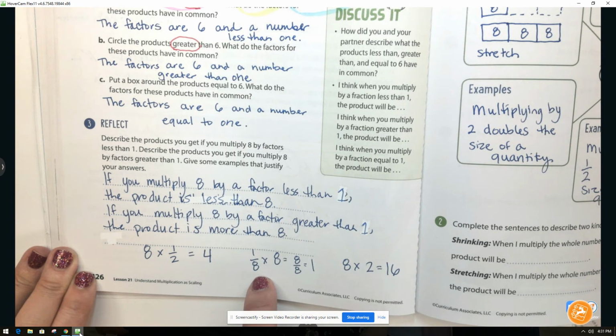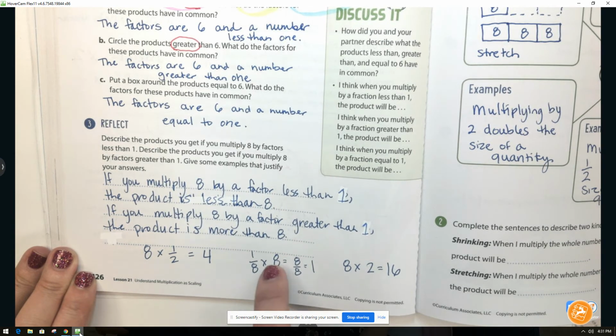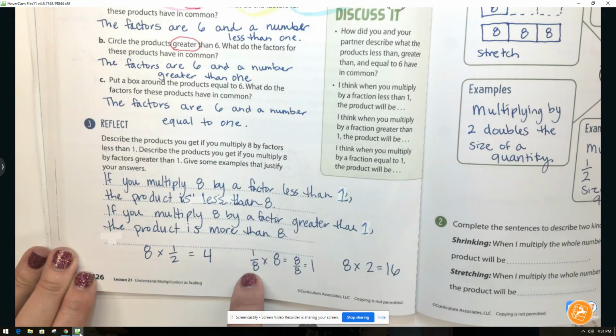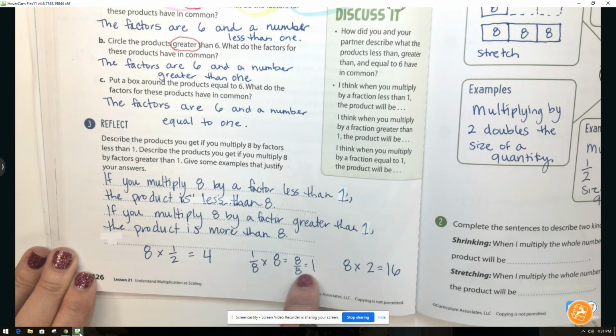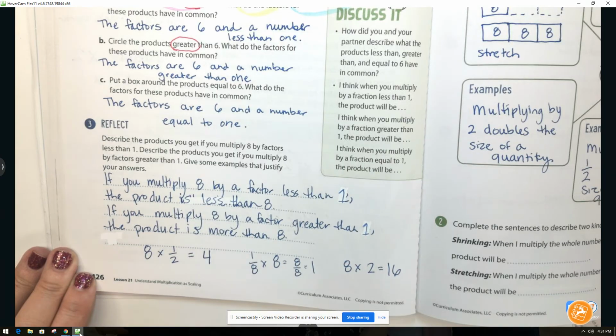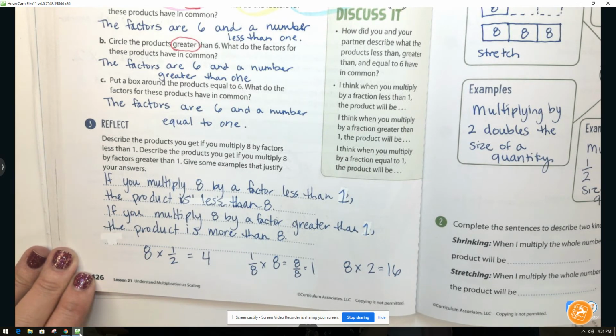Now it's interesting here, because we're multiplying 8 times a factor less than 1, and it gave us a product of 1. But don't worry, 1 is still less than 8, so it still follows our rule.